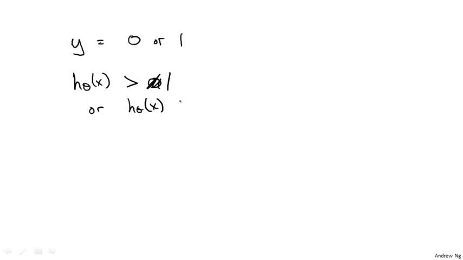It turns out that linear regression has one other strange property, which is that in a classification problem, we know y is either 0 or 1. But if you're applying linear regression, as you saw in the figure just now, h of x can be greater than 1, and h of x can be less than 0. This also seems a little bit strange when you know that y is either 0 or 1.